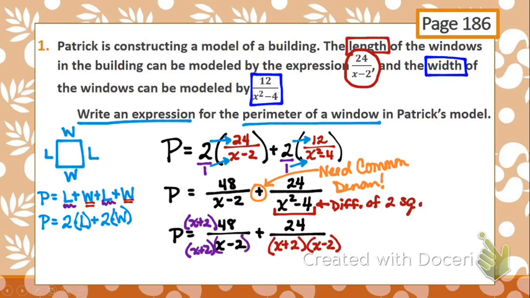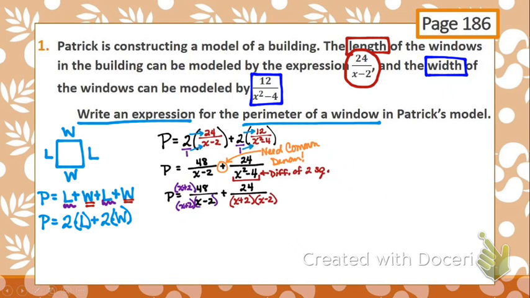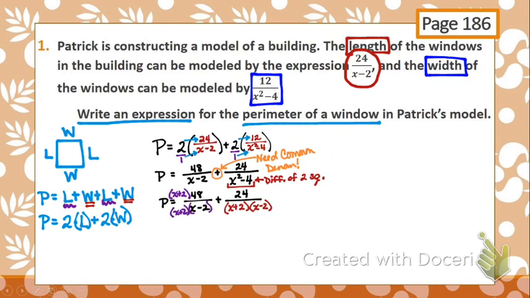I need to shrink my work down a little bit. So that means I need to distribute this 48 to both of these pieces. I have my common denominator of x plus 2 times x minus 2.